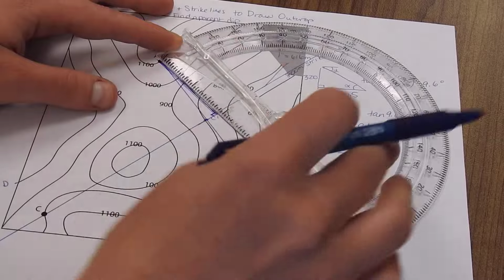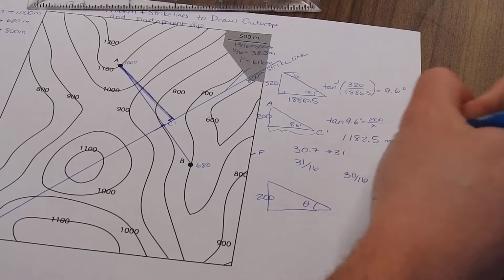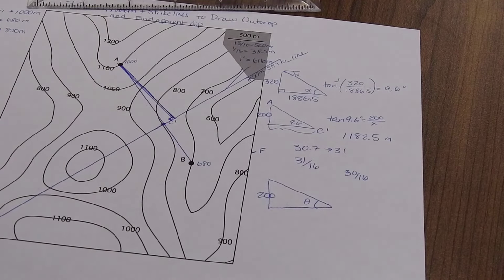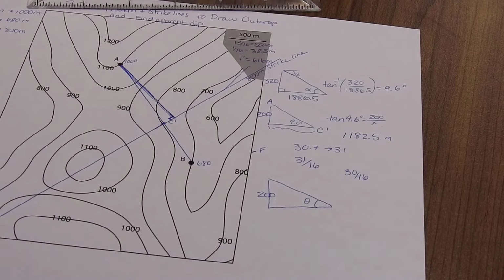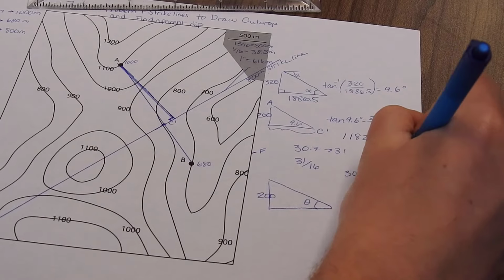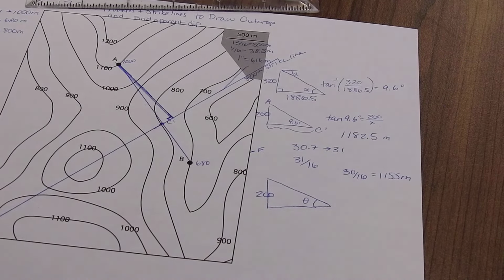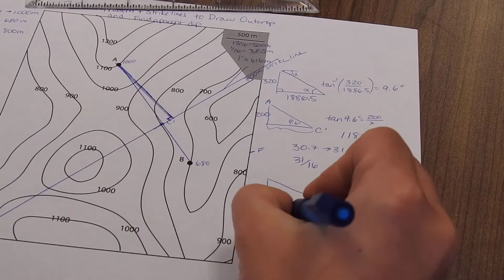I get 30 sixteenths. And I need to convert that to meters. So I'm going to multiply 30 by 38.5. So I get 1,155 meters.